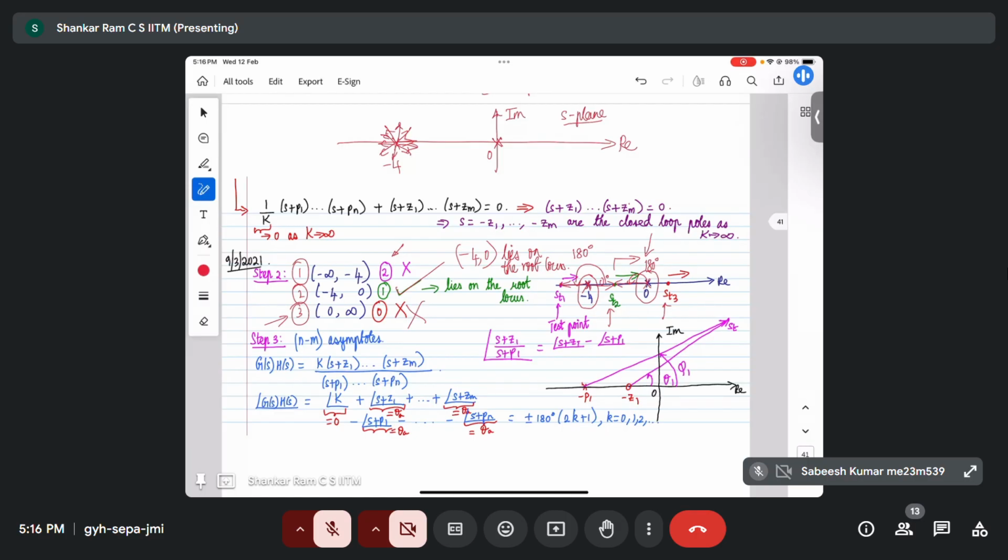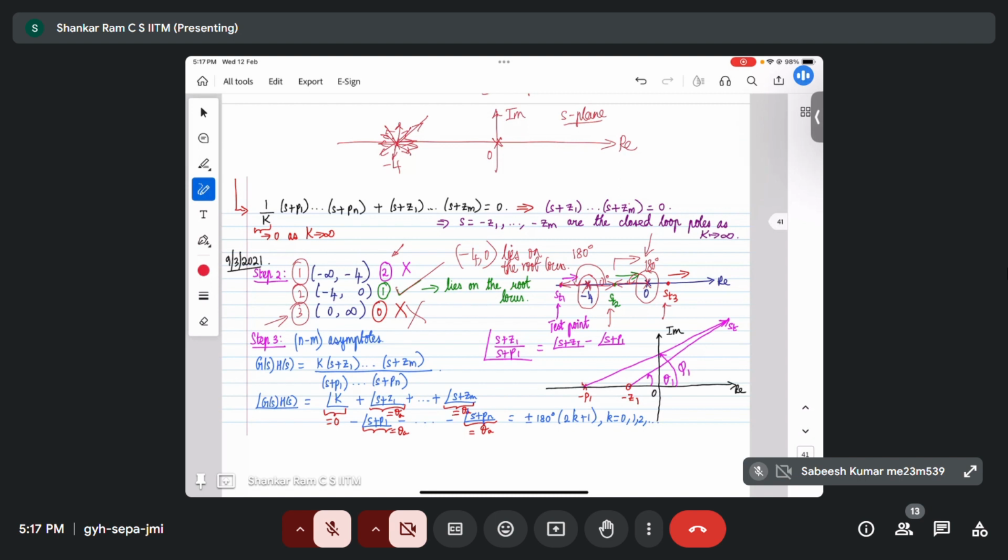If I have a branch starting from -4, the angle will be the more important thing for the direction over here. What I mean to say is, it's about the direction in which it will start. That is the idea.